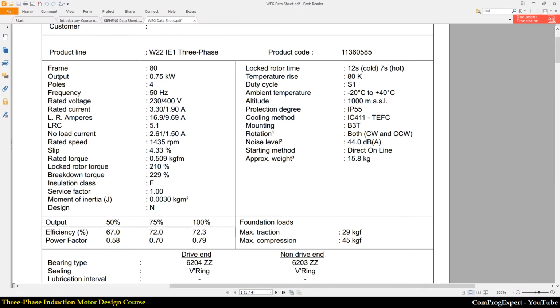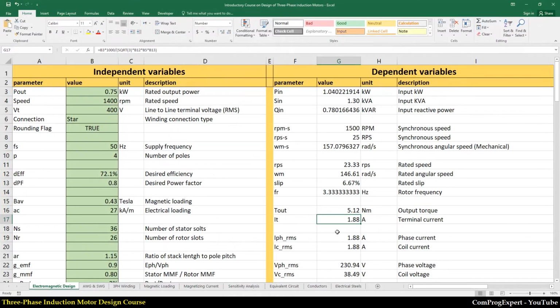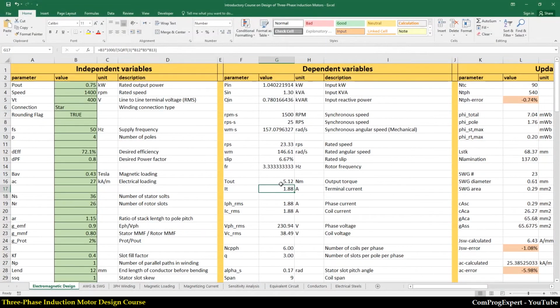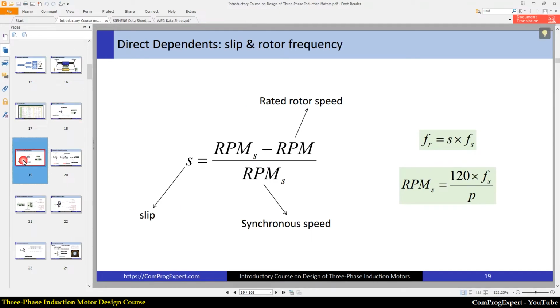So yes, the value of torque is 5 for the WEG motor, and for the Siemens motor is 5.1, the same number that we calculated here, the desired output torque. The next variable that we can calculate is the motor slip.